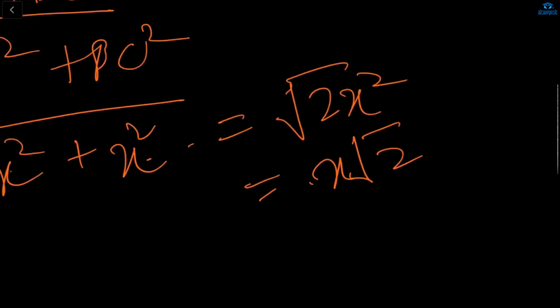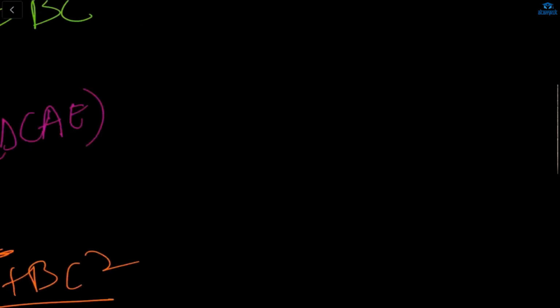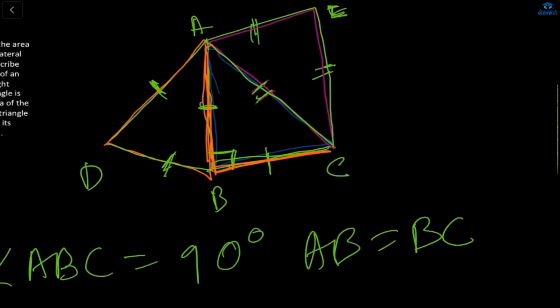X root 2. Now if you see the triangle ABD, the extended one on the left hand side, and CAE, the extended one on the right hand side, the pink one, this triangle and this triangle.